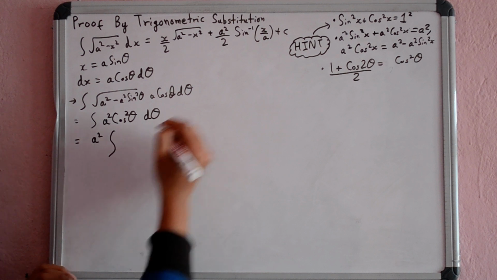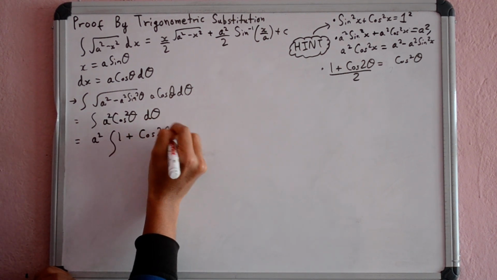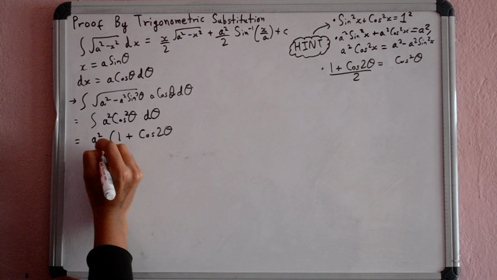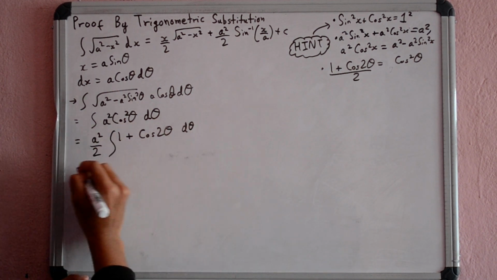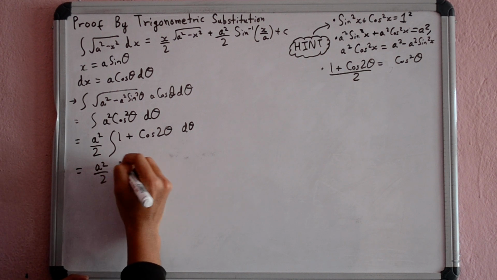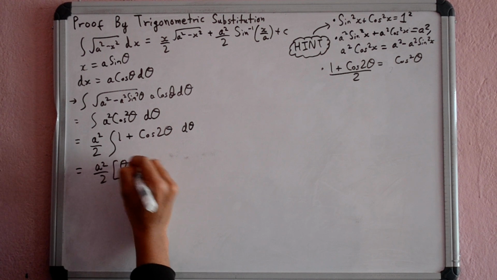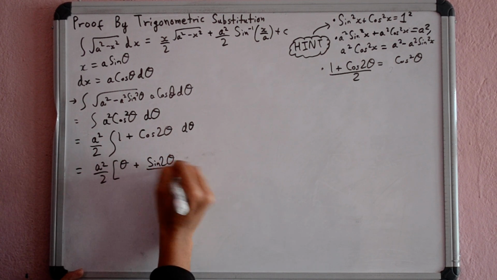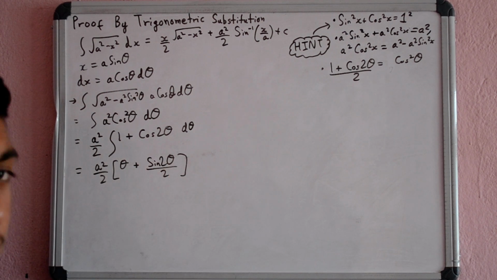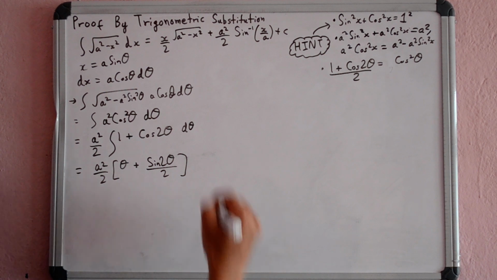So cos square theta is equal to 1 plus cos 2 theta by 2, but this by 2 we can put outside, d theta. And now this is integration we can directly integrate. This is just theta plus the integration of cos 2 theta, which is sin 2 theta by 2. Now we're done with the calculus part, the integration part.